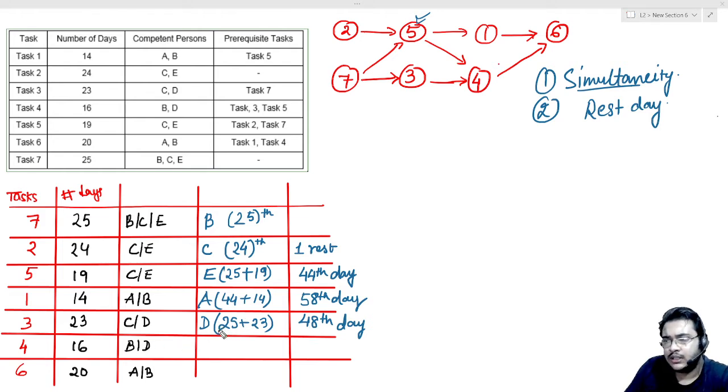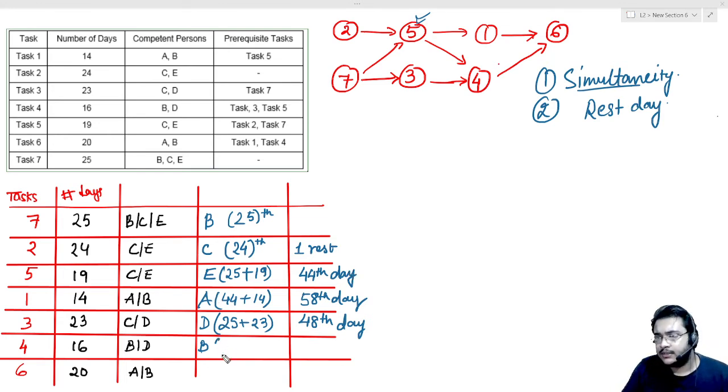One thing I want you to be very attentive to is that I don't want to take D, because D will come with 7 days of rest. I would want to give it to B after the 25th day till the 48th. So from the 25th to 48th, B has done nothing. He has done the rest days quite well. So his 7 days of rest have been completed between the 25th and 48th day.